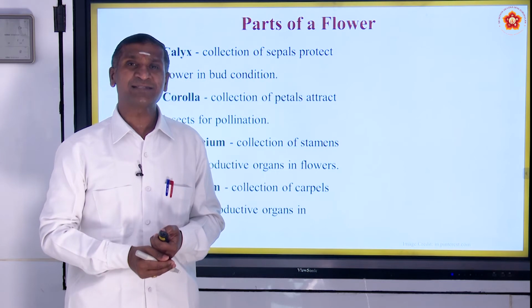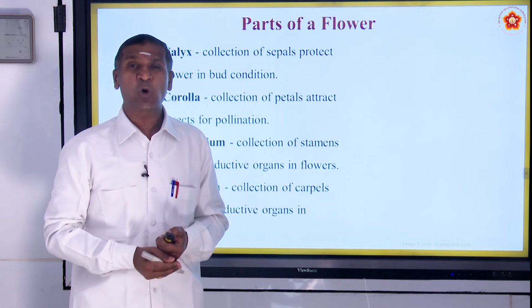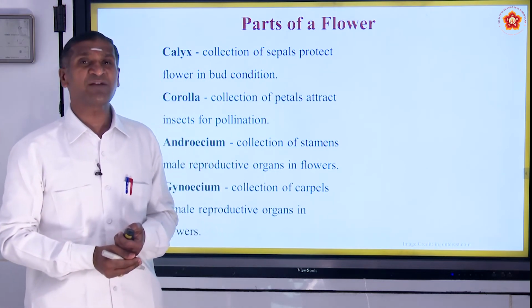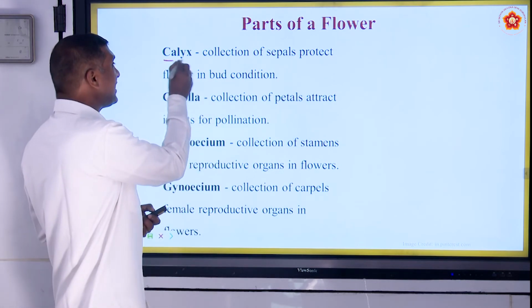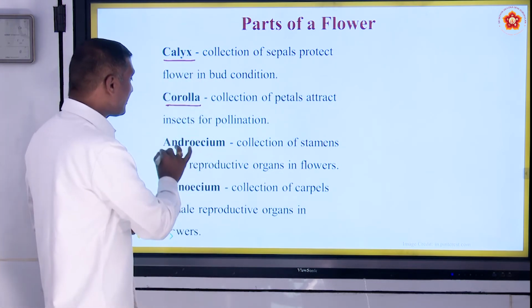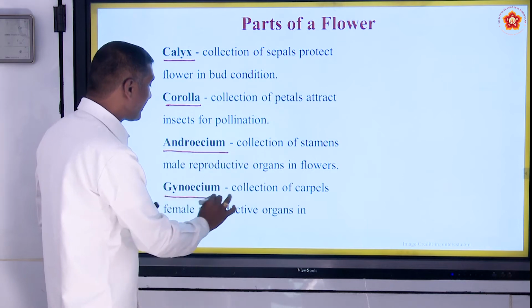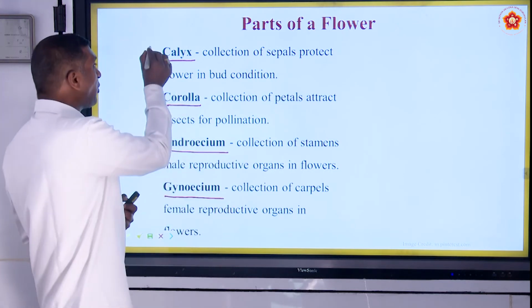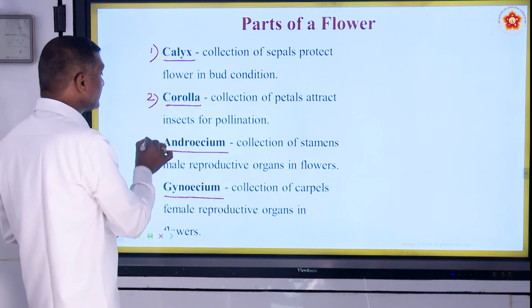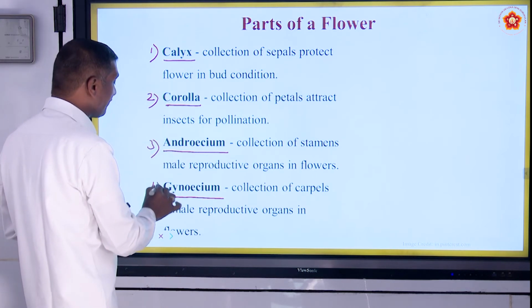The parts in a flower are called whorls. The whorls of a flower are the calyx, the corolla, the androecium and the gynoecium. These are the 4 important parts or the whorls in a flower.